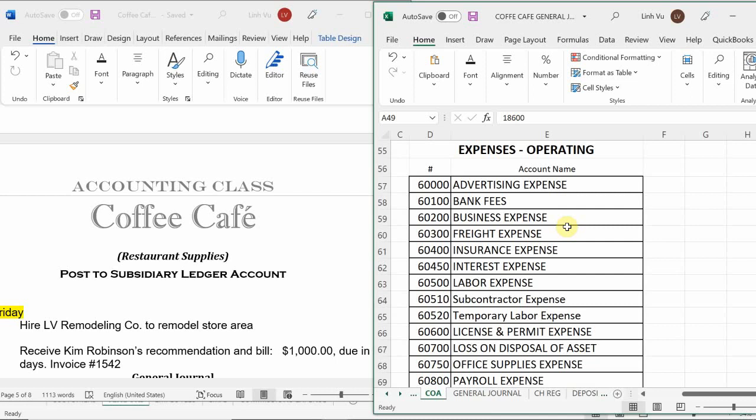What did we originally hire Kim Robinson for? Is she going to be doing the work to remodel the store, or what did we actually use her for? For ideas. Good. For a consultation. Correct.